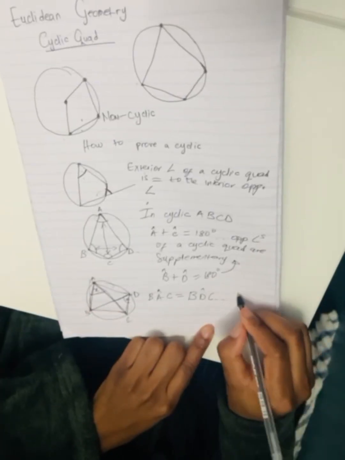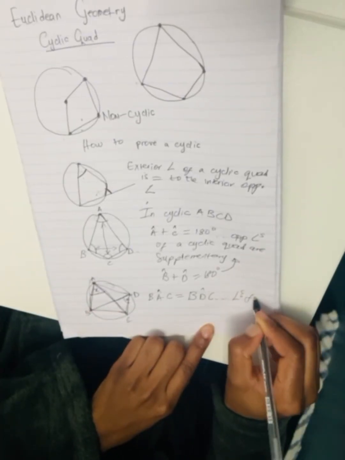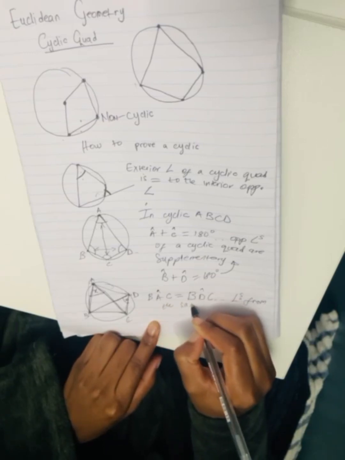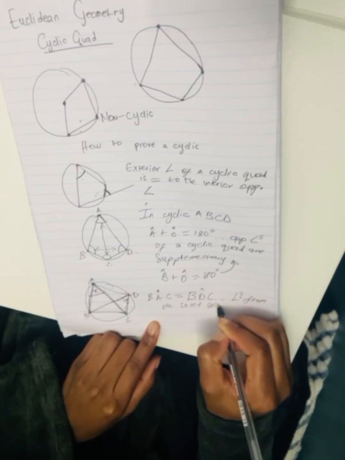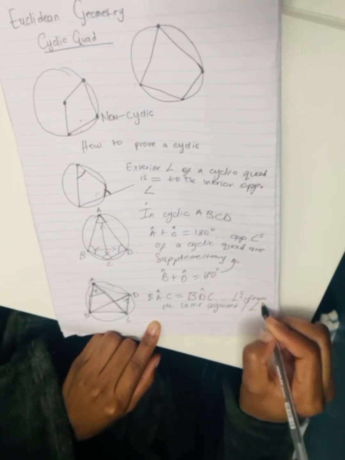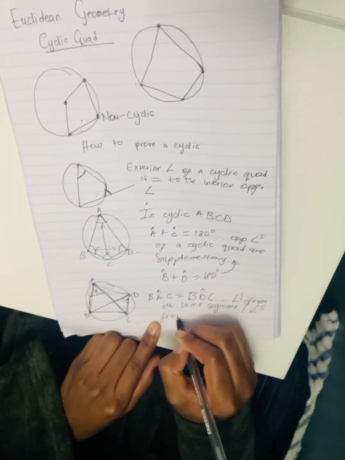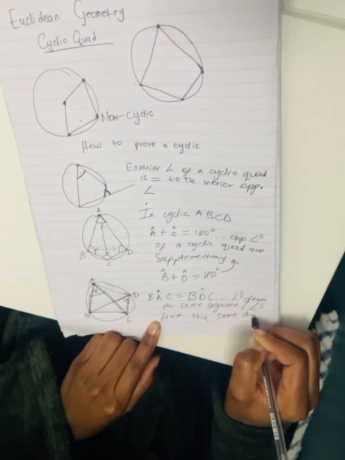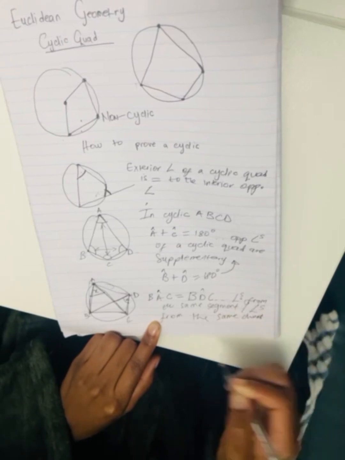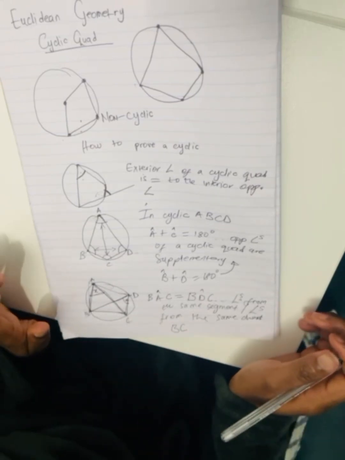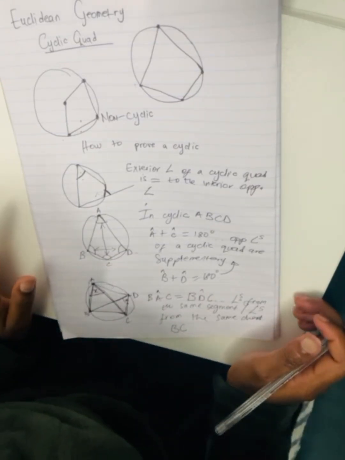Your reason: angles from the same segment, or angles from the same chord BC. Okay, we'll stop here and then we'll check the other theorems.